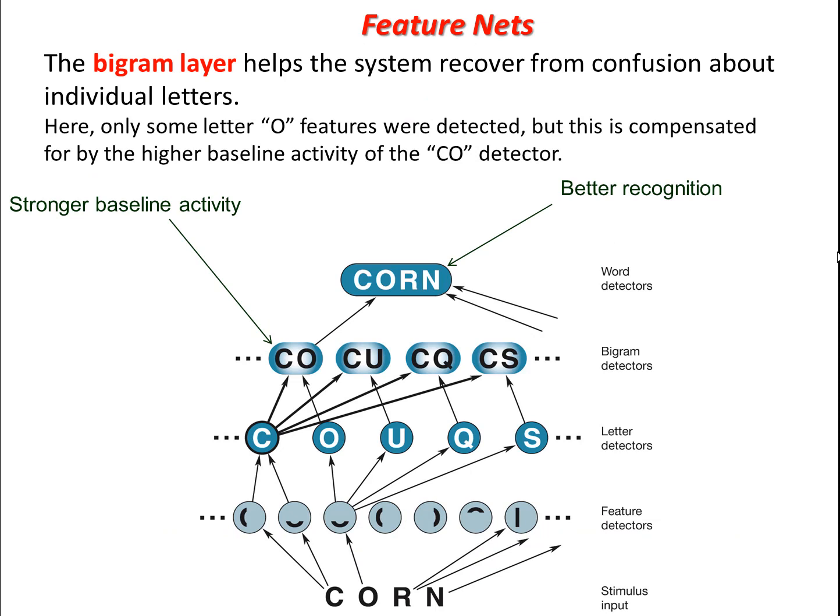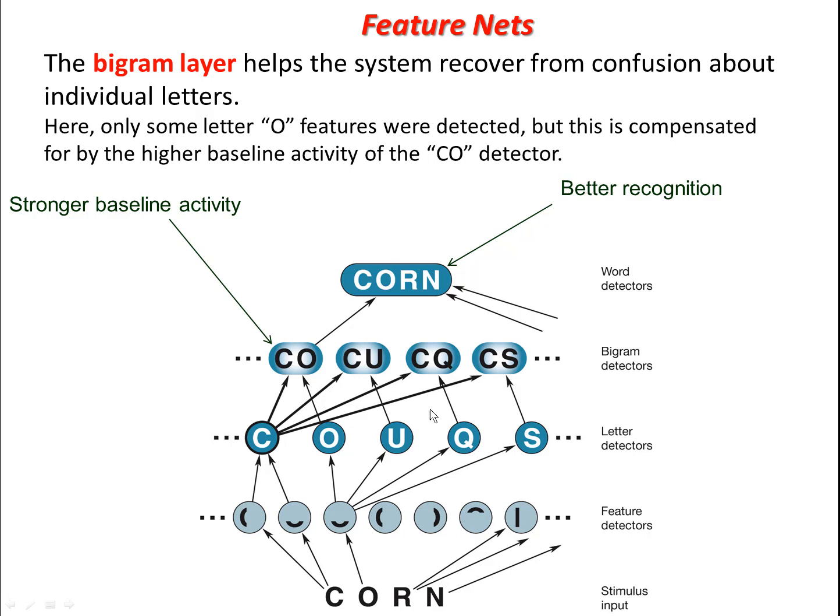These feature nets also explain how the system might be recovering from confusions or dealing with ambiguous inputs. For example, if the input stimulus is the word corn, you see activation of all of the individual feature detectors that add up to form different parts of the letters C, O, U, and other similar letters like Q, depending on the particular feature detectors that are activated.